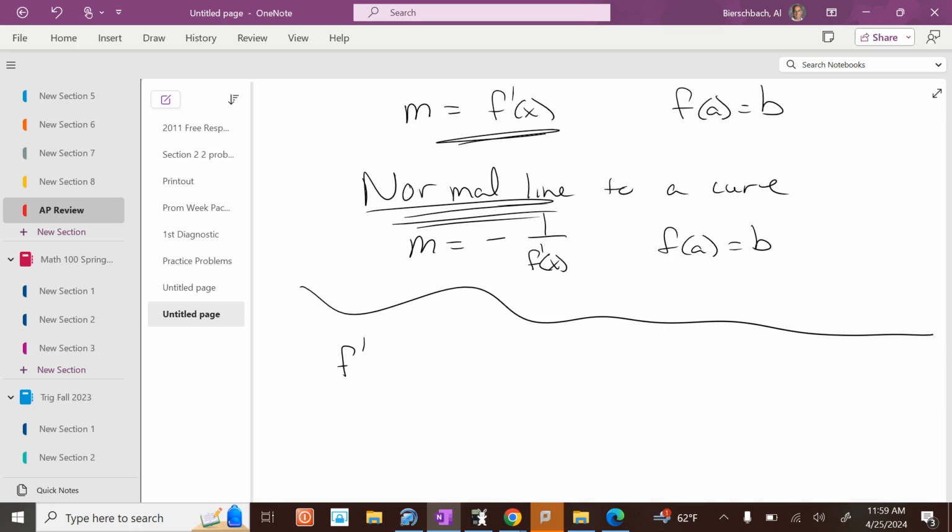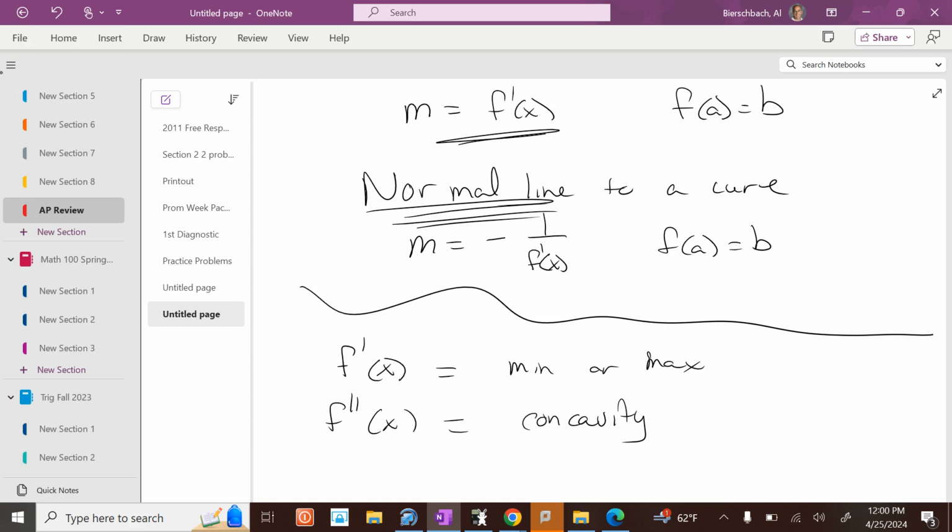Then we went on to the first derivative gives us a min or a max. The second derivative gives us what? Concavity. If the second derivative is positive, it's concave up. If second derivative is negative, it's concave down. And then you got to mix and match a little bit.